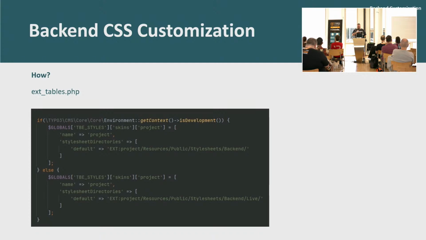You set the path to the folder for your backend CSS. You can put in multiple CSS files or only one file. Here we have a condition for the development or the live site.